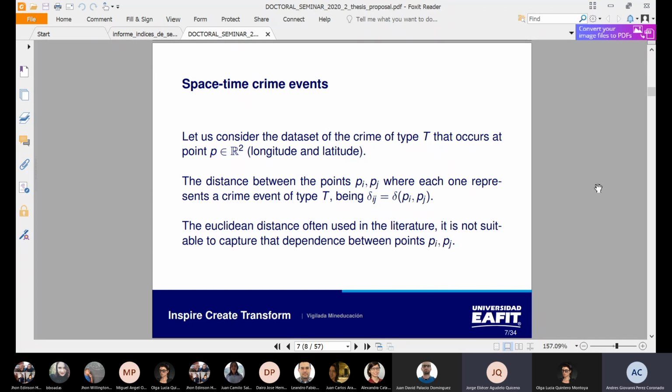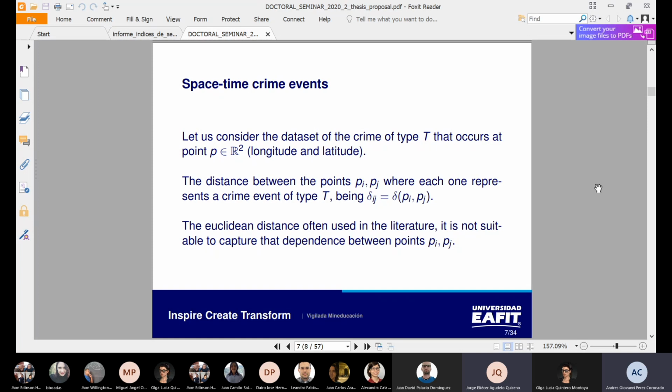R squared here is longitude and latitude. The distance between the points Pi and Pj, where each one represents a crime event of type T. It means that each pair of crimes has a distance, delta ij equal to delta of Pi and Pj.